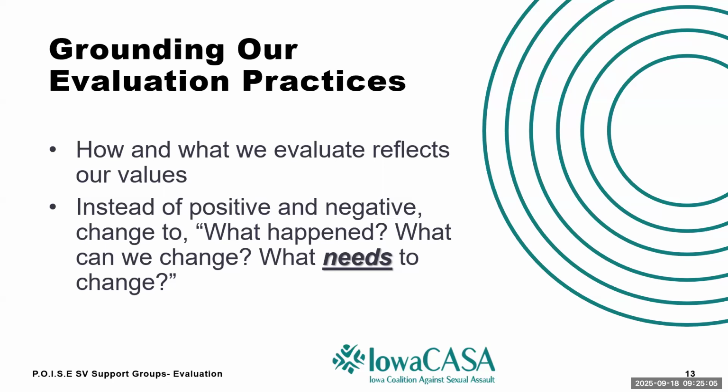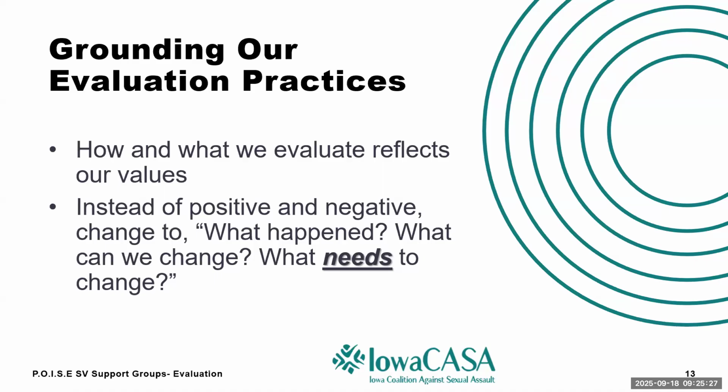And so if we value as an agency the needs of survivors, honesty, and transparency, it will be reflected in our evaluations and the types of data we collect. If we value efficiency, innovation, and productivity, this will also be apparent in our evaluations and the types of evaluations we do.